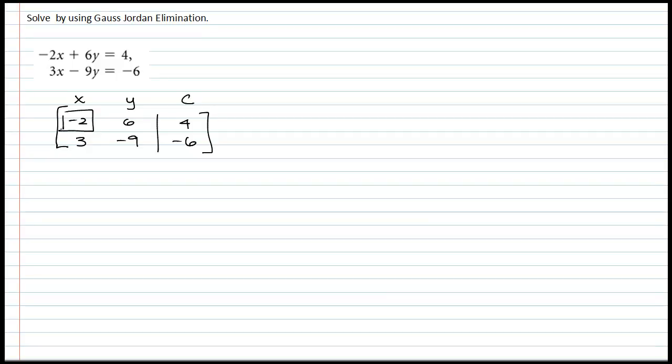Again, the easiest way to do that is to divide by that number or multiply by its reciprocal to that row, and it only affects that row. So I want to take each number and I want to divide by -2 or multiply by -1/2. Gives me 1, -3, and -2.